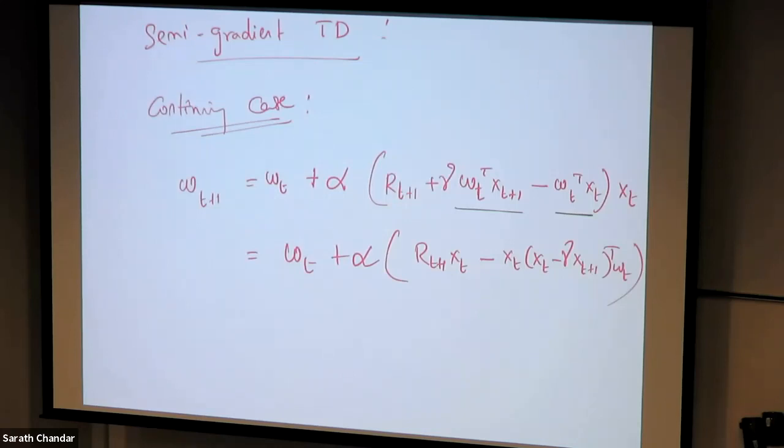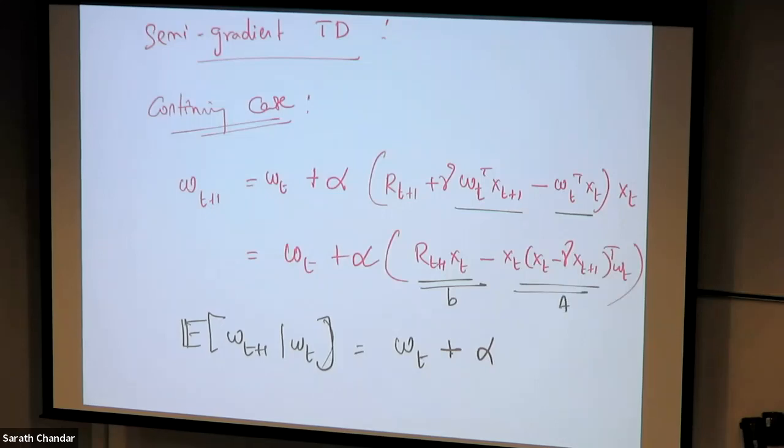Once I reach a steady state, for any given W, the expected weight update, expected value of Wt plus 1 given Wt, is going to look something like this. It's going to be Wt plus alpha times B minus A Wt, where I'm calling these B and A, okay? Is that clear?